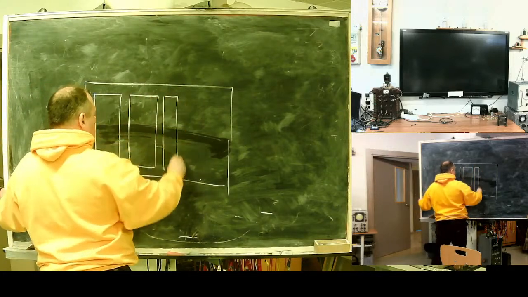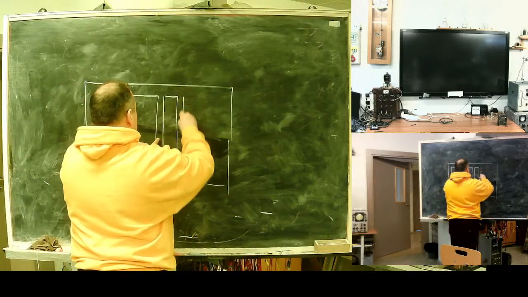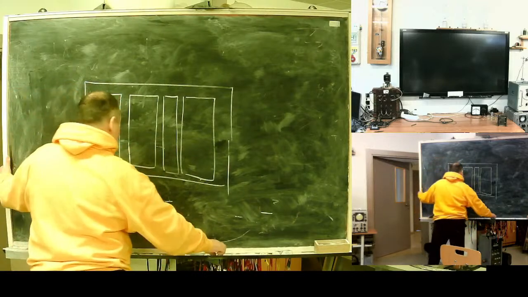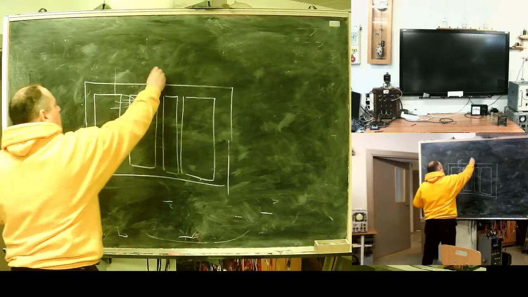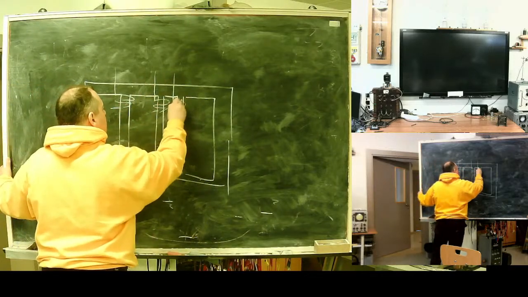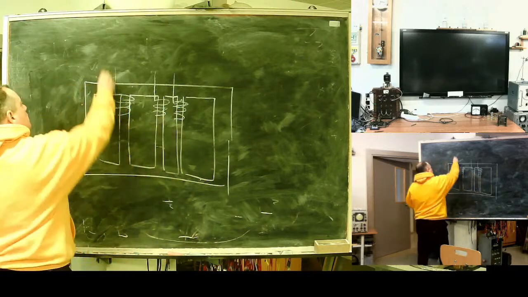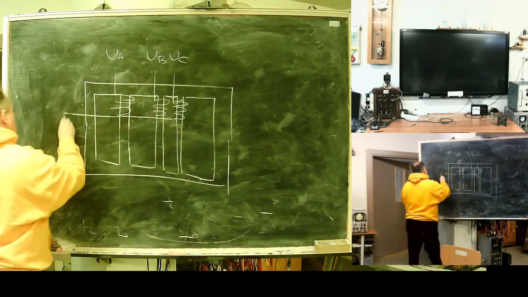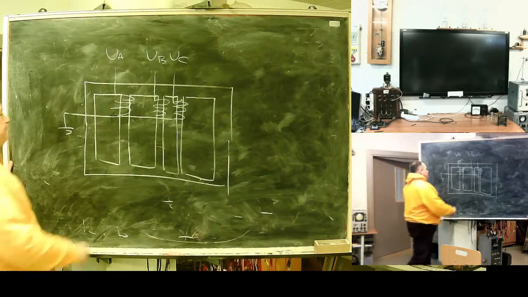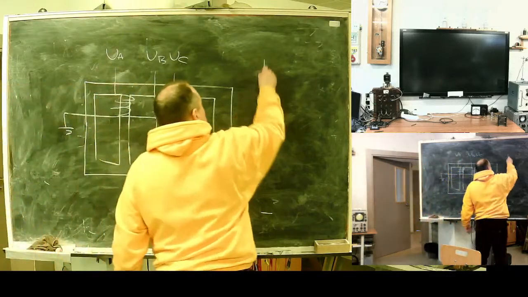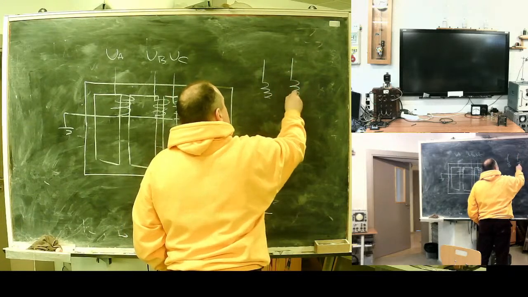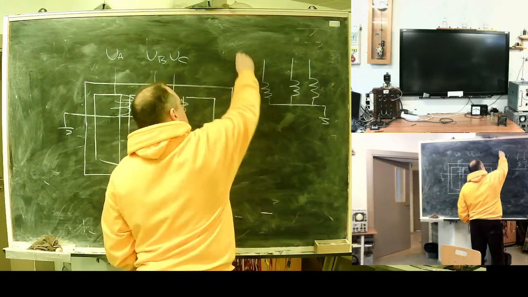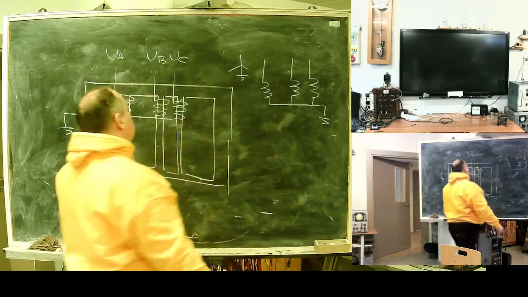This will be AB. A, B, C. Ground. Primary side is a grounded star.